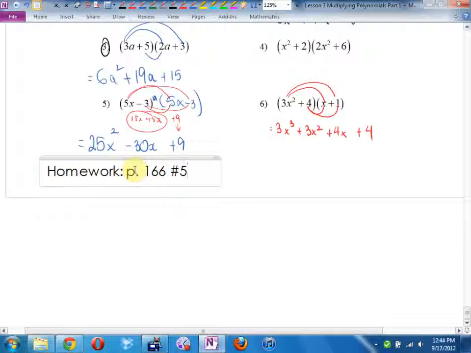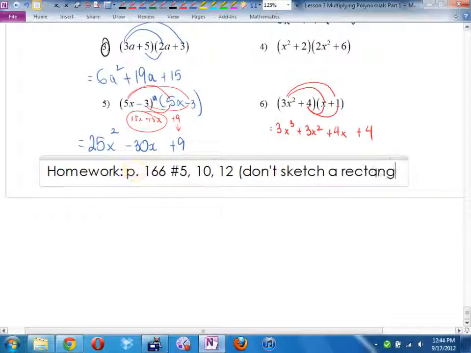It says use algebra tiles. I'm just going to say FOIL them out, please. I think you can also do number 10. Number 12. But don't sketch a rectangle. It says to sketch a rectangle. Don't worry about that.